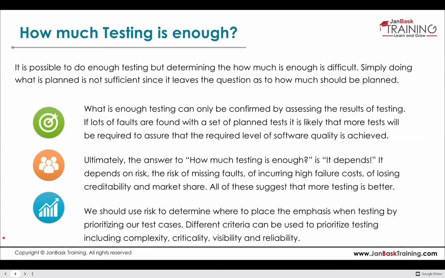Will that affect the business? No. This won't affect the business, but still this is a bug, because there is a difference between the expected result and the actual result. So this is a minor bug. In some cases this could be a major bug as well. We'll talk about that later, but this is still a bug.